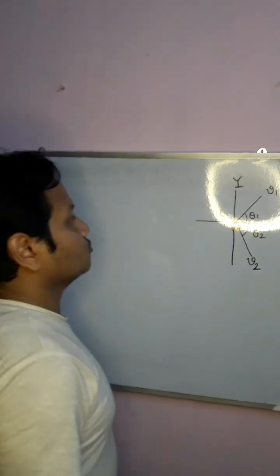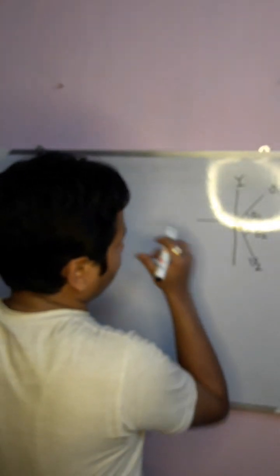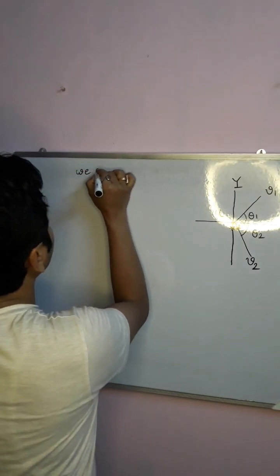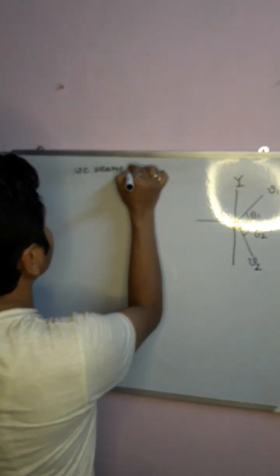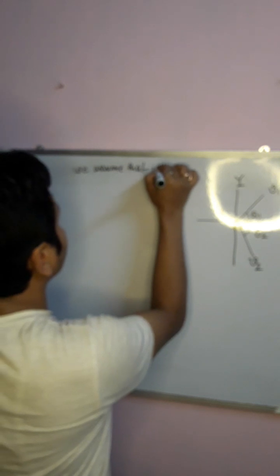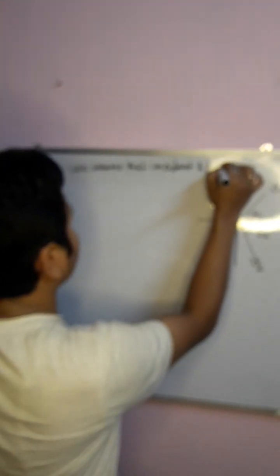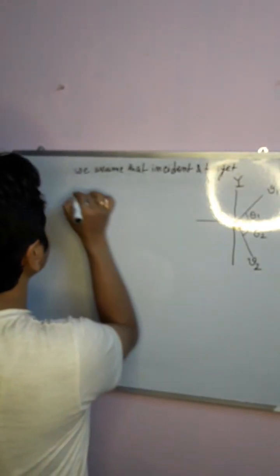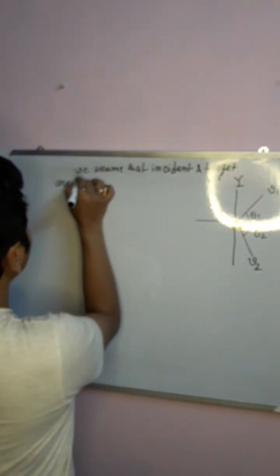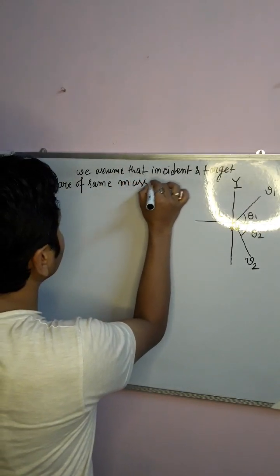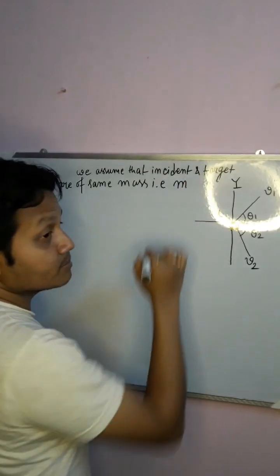If we apply the law of conservation, we assume here that the incident particle and target are of the same mass, for simplicity.